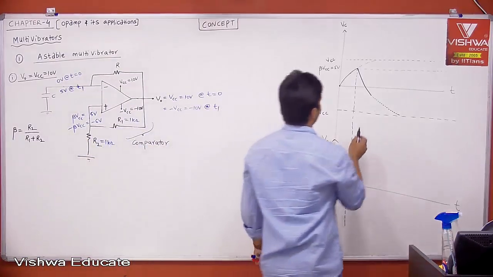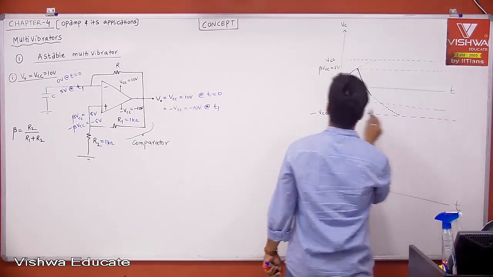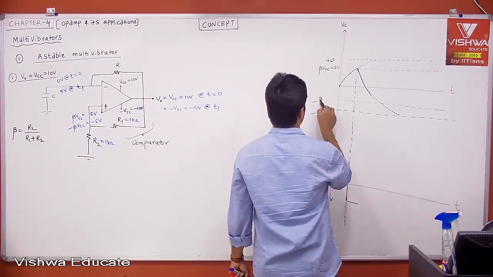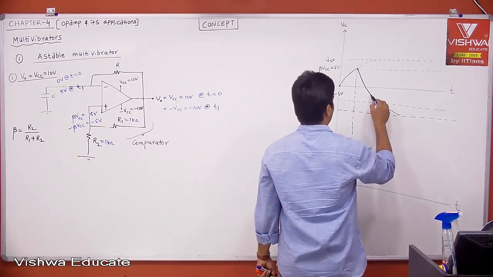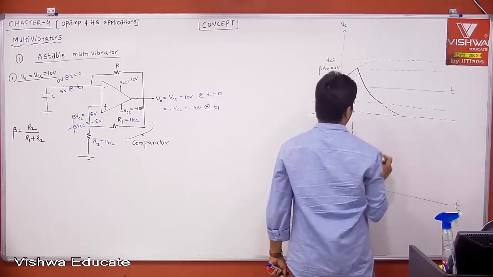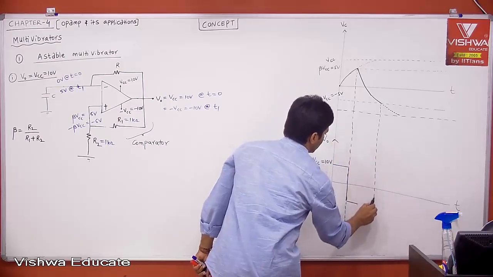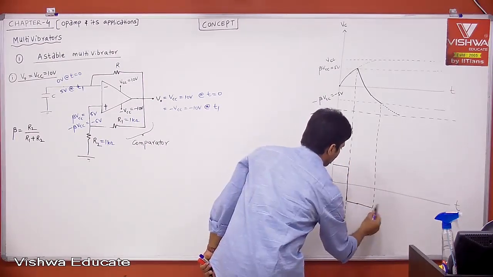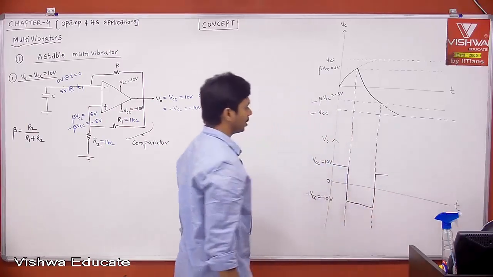If I continue, let us say this is minus beta VCC, which is nothing but minus 5 volt. Once it crosses, again the output voltage will switch from minus 10 to plus 10, because it is a comparator.